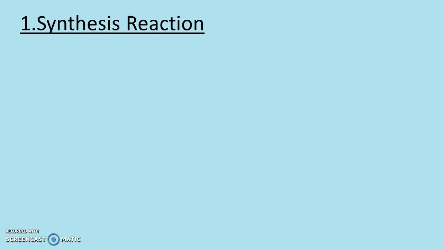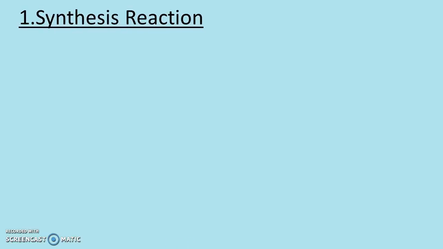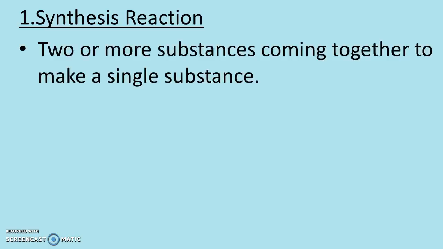First type is called synthesis. Now the word synthesis means to create. Okay, sometimes this is also called combination, but we're going to call it synthesis. So in a synthesis reaction, two or more substances come together to make a single substance. All right, so I'm going to give you an example formula here.